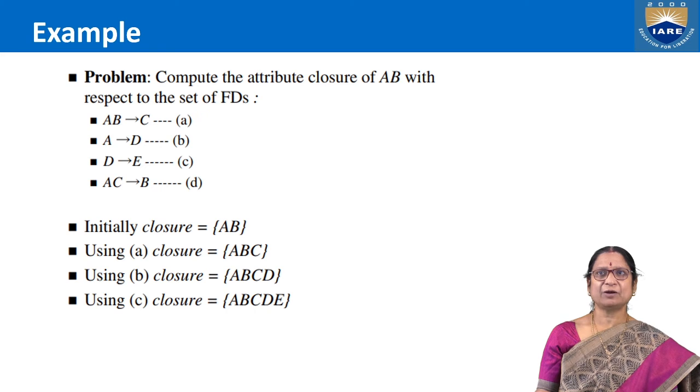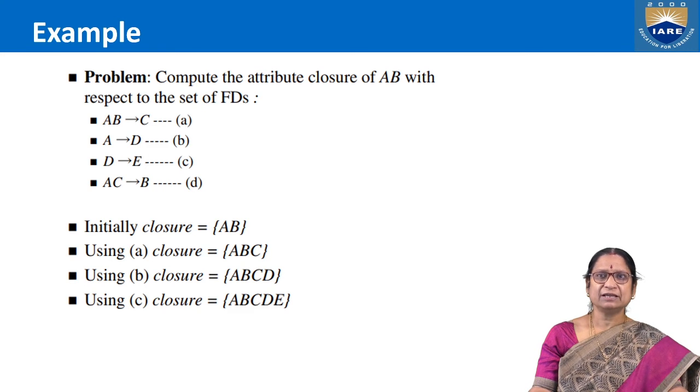Another example: compute the attribute closure of AB with reference to the set of FDs. Initially AB will be there, since the left hand side itself includes AB. First, AB determines C, so C will be added.